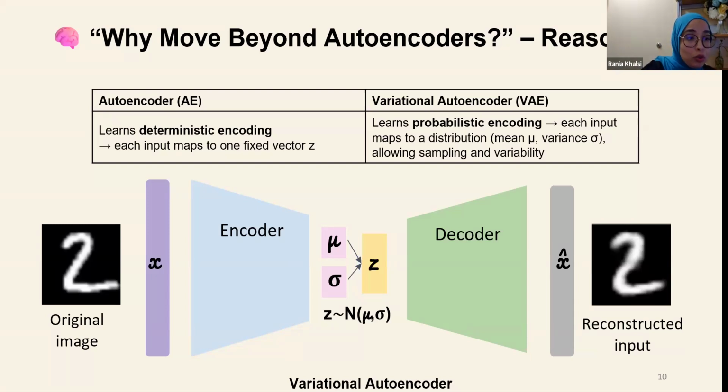So here we don't only have z after encoding, the latent representation or compressed version of the image, there are new quantities. They are the mean, mu, and the variance, sigma, okay? Mu tells us where the distribution is centered, and sigma tells us how spread out it is, okay?